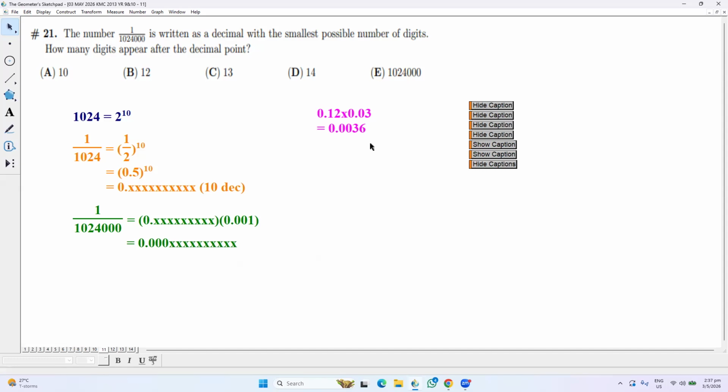So just add 10 plus 3, 13. The answer is 13 digits after the decimal point. A lot of zeros.